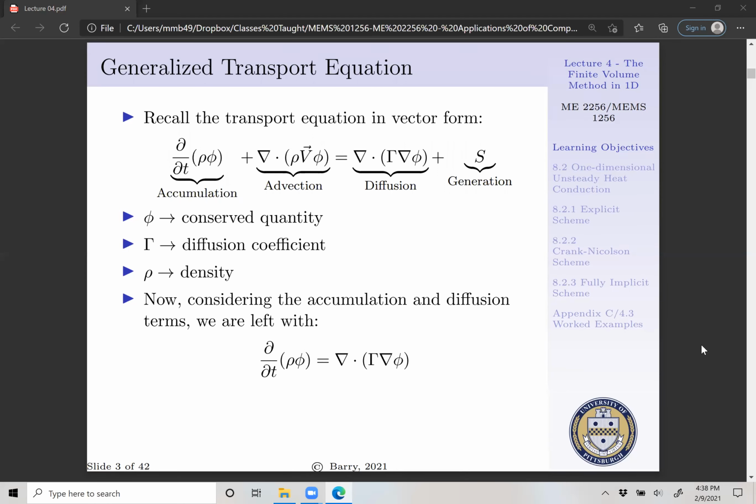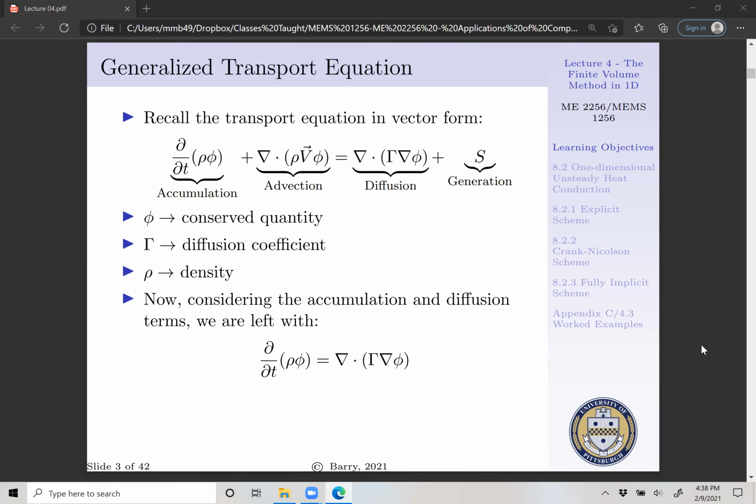And in these situations, we don't have any motion of our medium. So our velocity vector is equal to 0 in advection, and it doesn't exist. Thus, we've been focusing on diffusion, the divergence of our coefficient of diffusivity, gamma, times the gradient of our conserved quantity, and then plus generation.